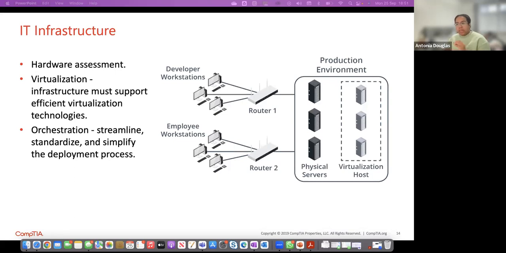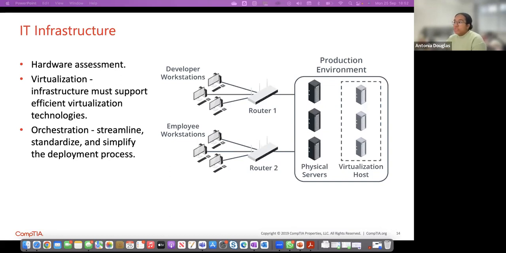So looking at streamlining, standardizing, and simplifying the deployment process. Ideally, you want a really smooth transition, to simplify the deployment process. But it depends. Using this kind of cloud assessment will help determine how to do that.